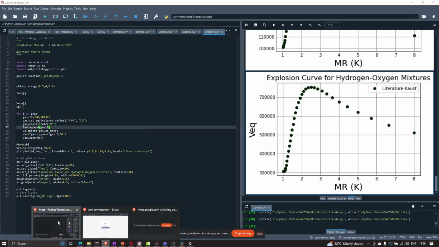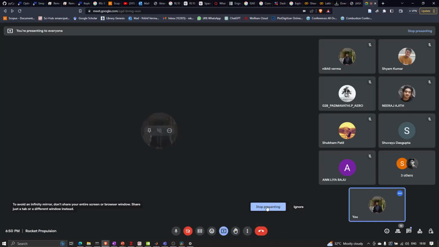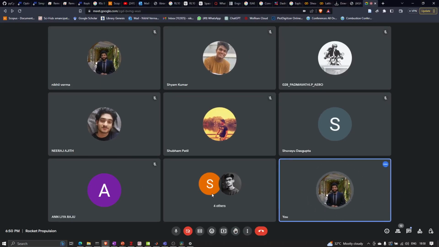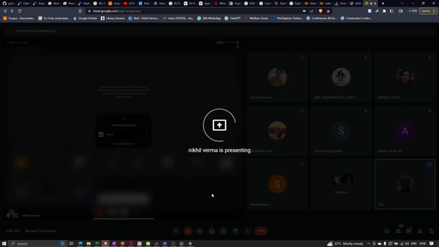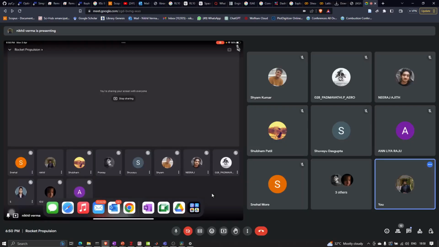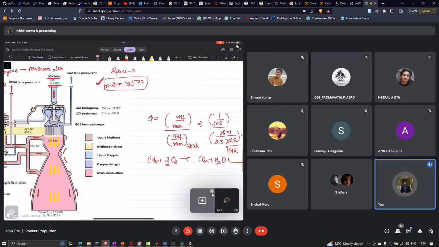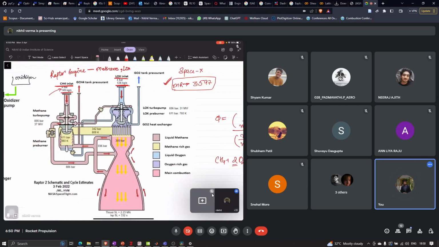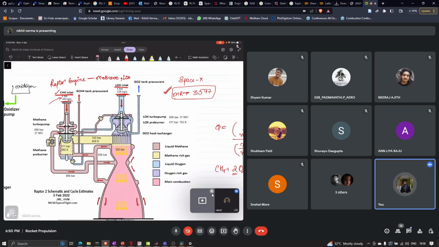So I'll stop sharing from here. Right, as you can see in this Raptor engine part, the fuel is taken as 149 kg per second and the LOX is taken as 536.